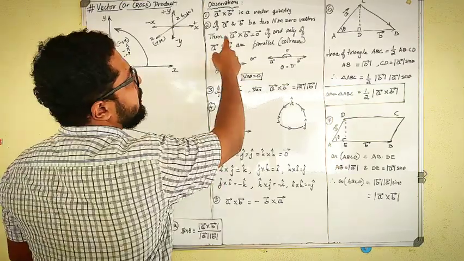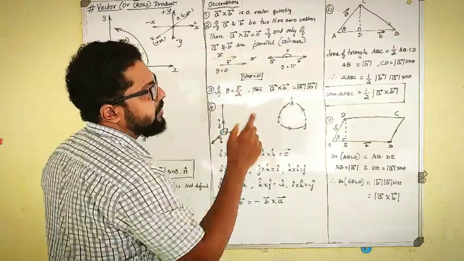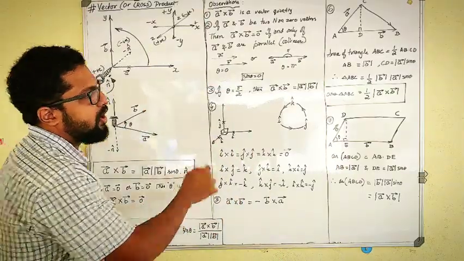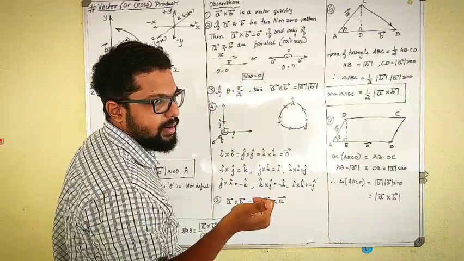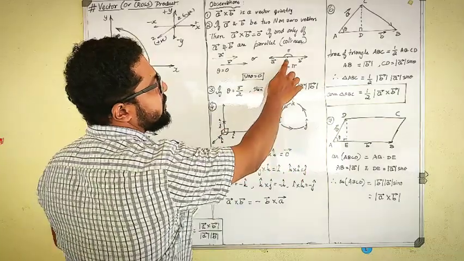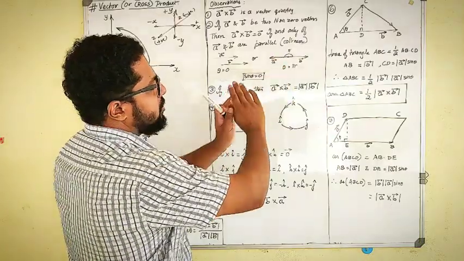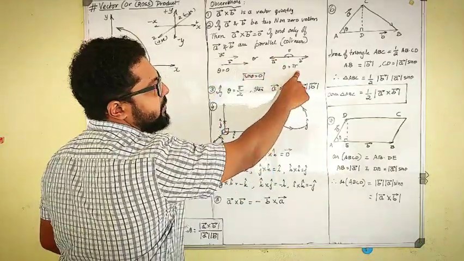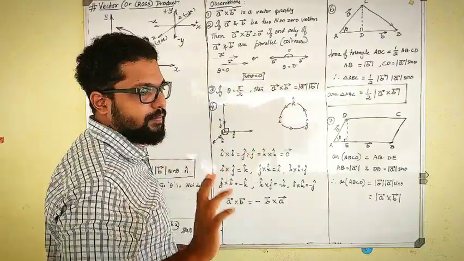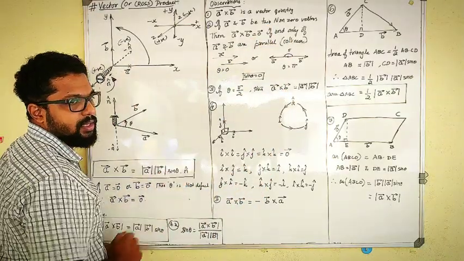Another possibility for a cross product is that the two vectors are parallel or collinear, or the angle between them is pi. Parallel means the angle between them is 0. Collinear, or opposite to each other, means the angle between them is 180 or pi, which means sin theta will be 0. If sin theta is 0, A cross B is also 0, because this full thing will become 0.